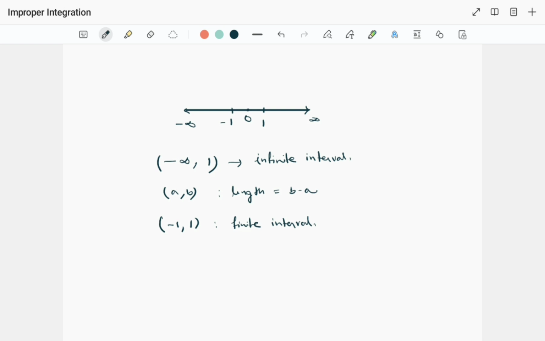Now there is another thing. I am writing 4 types of intervals. Let's say a and b are finite numbers. All these 4 intervals are finite intervals.